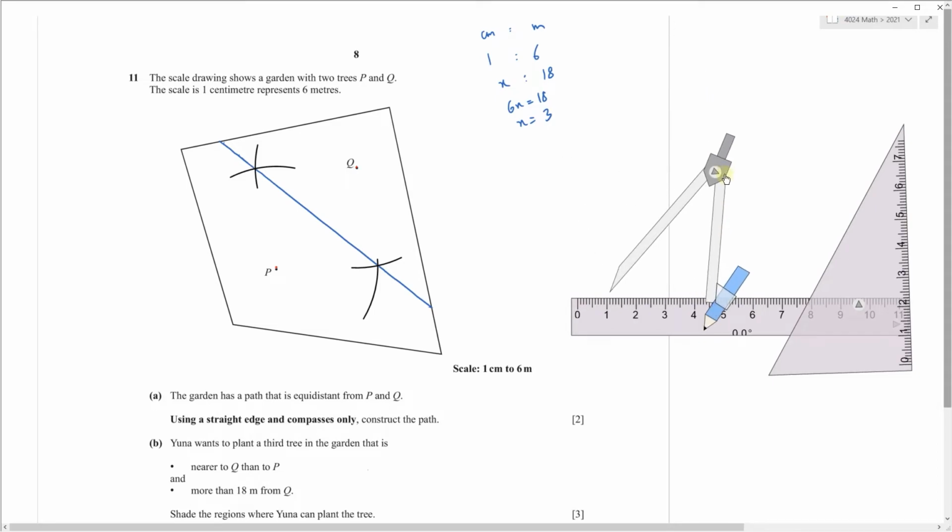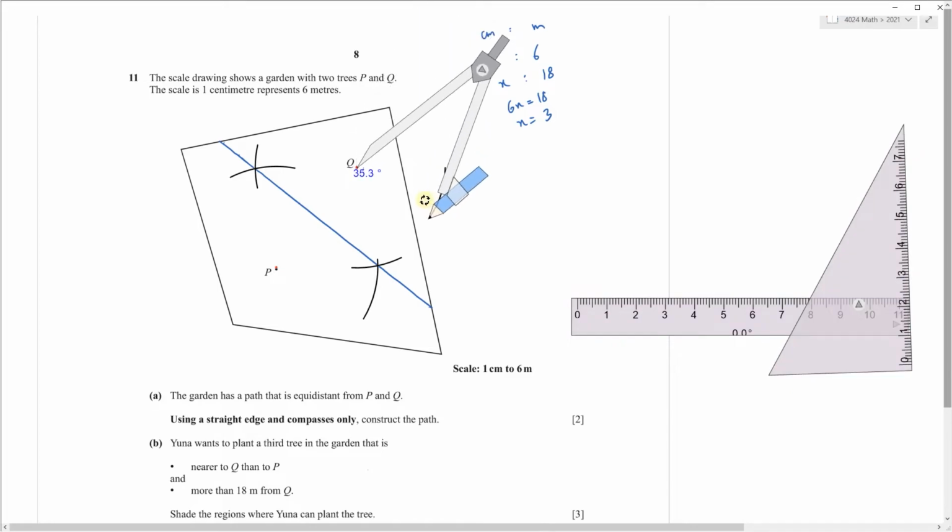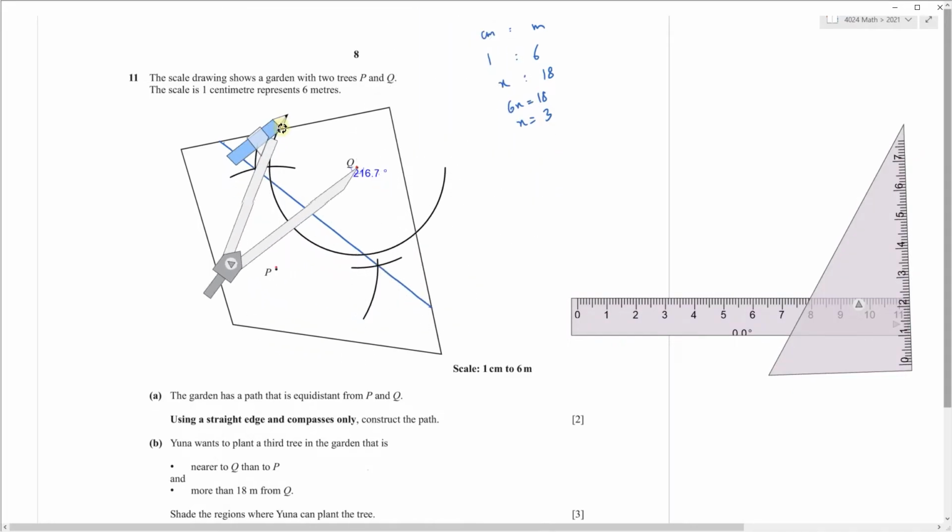I'll open it up to 3 centimeters, so place it at 0 and then open it up till 3 centimeters. Center it at Q and then draw a circle like this.